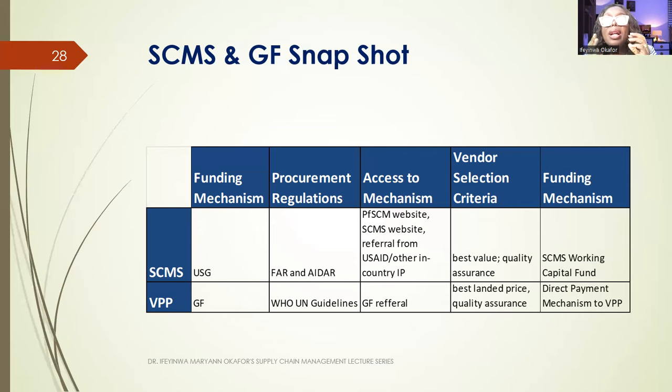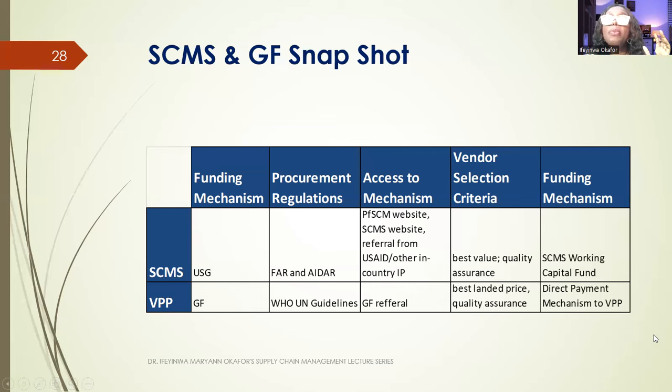Then for vendors, the criteria for selecting their vendor is based on best quality and quality assurance. The funding mechanism is the supply chain working capital fund. Then we have the voluntary pooled procurement option, where the funding mechanism is the Global Fund, and they are regulated by WHO and UN guidelines.